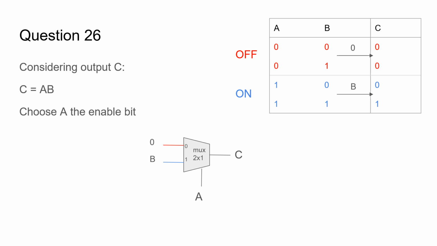And if we don't choose A, then we don't have to choose anything, so the 0 place of the multiplexer for C is 0. We can just write 0 for the 0 place. In other words, we just have to use A as the enable bit and B for place 1.